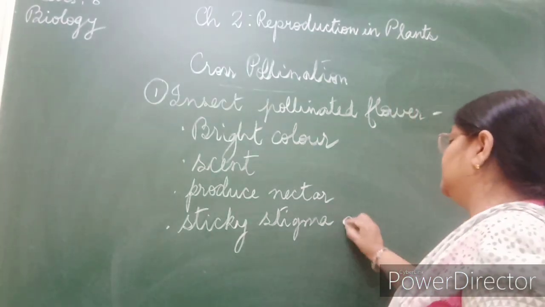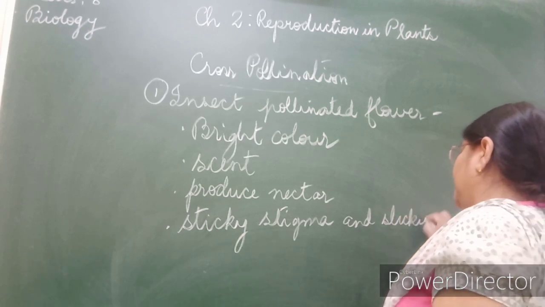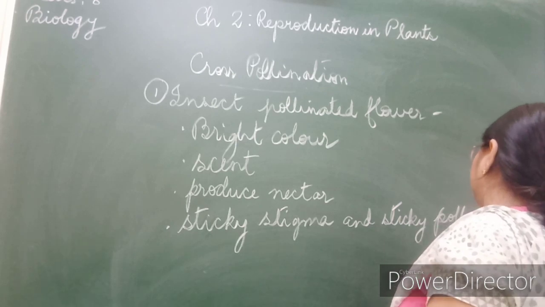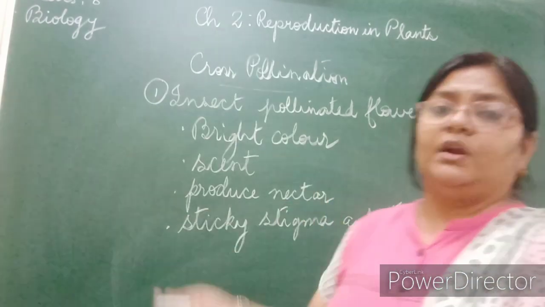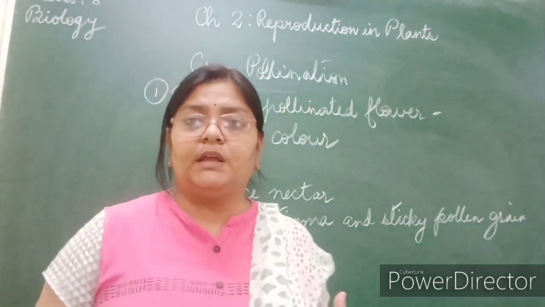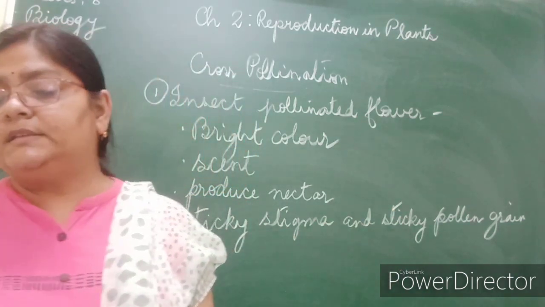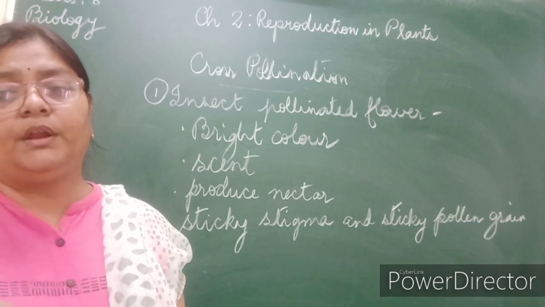Okay, and even the pollen grains are sticky, so that it attaches itself to the body of the insect and doesn't fall off while it is flying from one flower to another flower. So therefore the sticky stigma and the sticky pollen grains help the flower in getting pollinated with the help of insect.